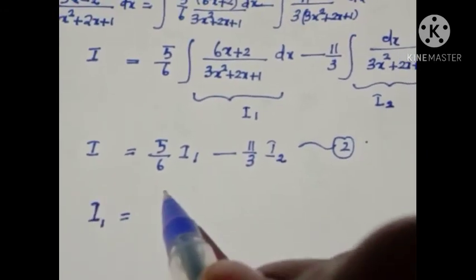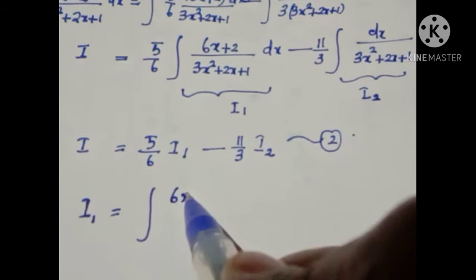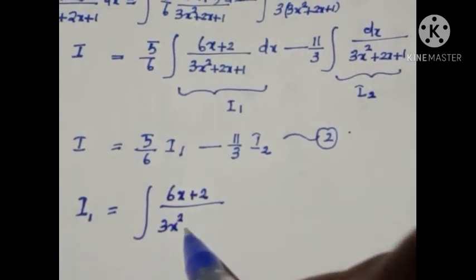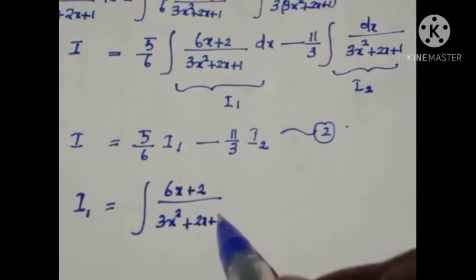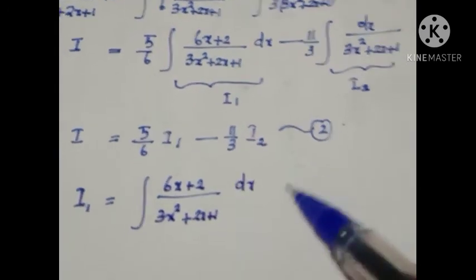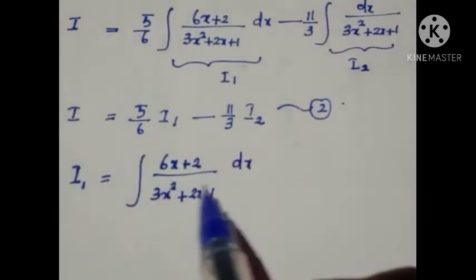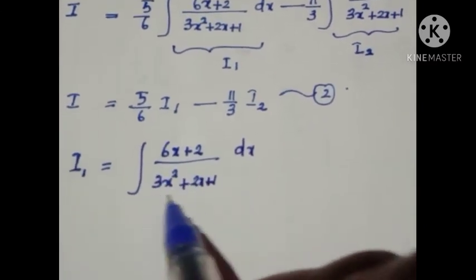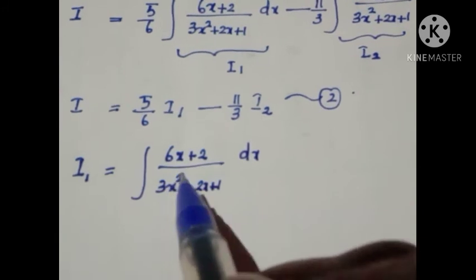What is I1? Integral (6x + 2) by (3x² + 2x + 1) dx. Okay. So we know 6x + 2 is the derivative of 3x² + 2x + 1, isn't it?